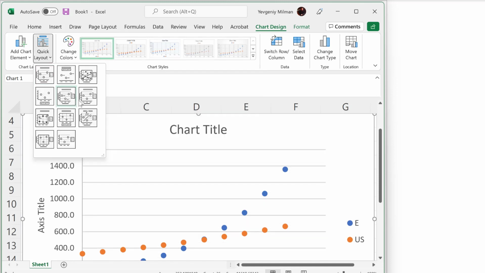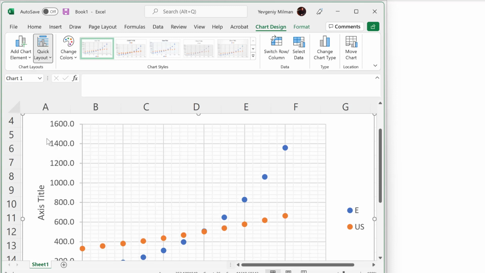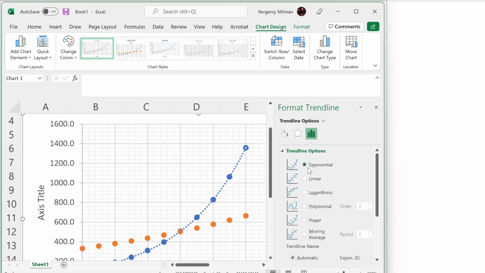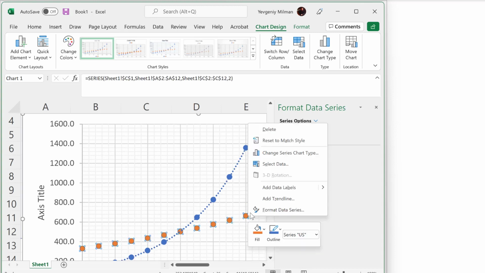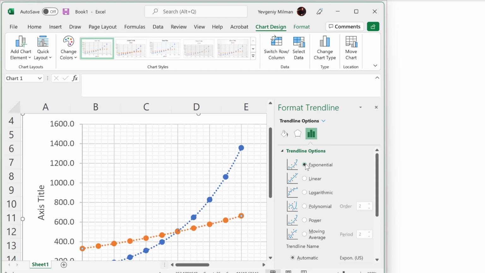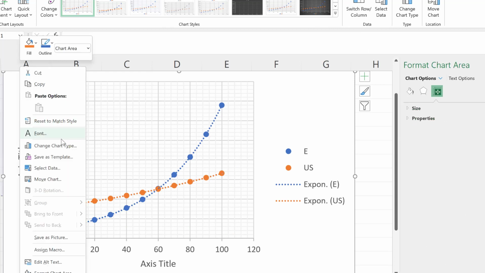I'm looking to see if there's one that connects them. All right, I'm going to make this myself. So I'm going to add an exponential trend line so we can nicely see the picture. All right, and let me take this and put that in OneNote so we can analyze this.